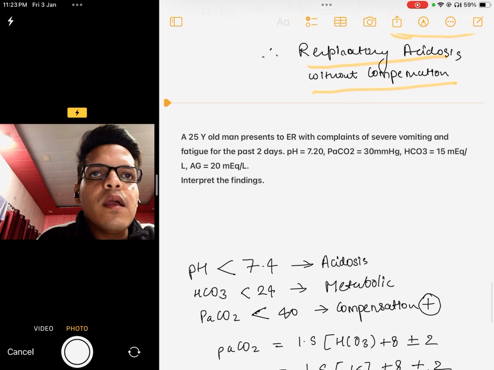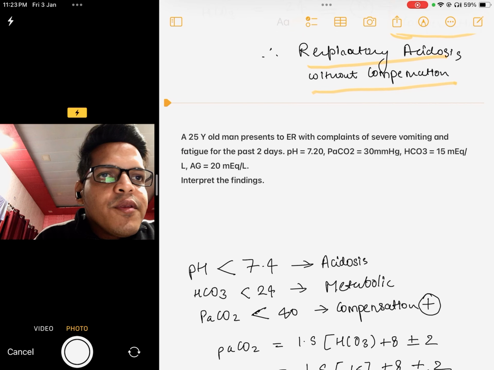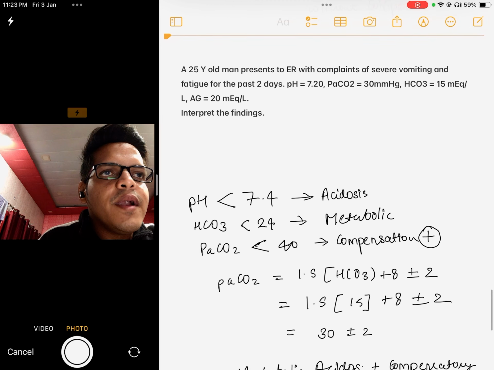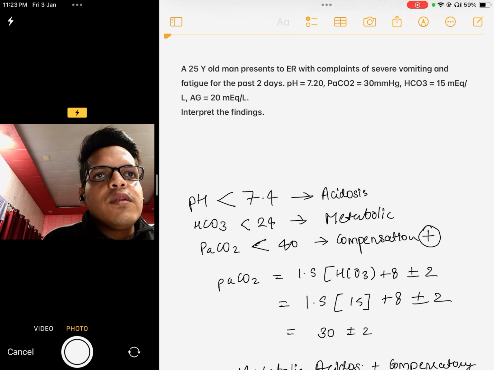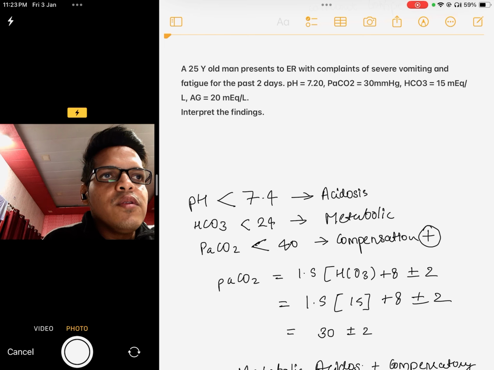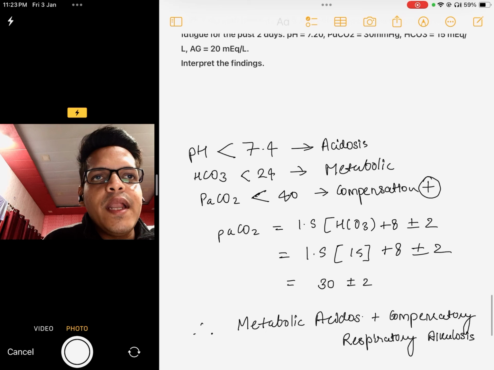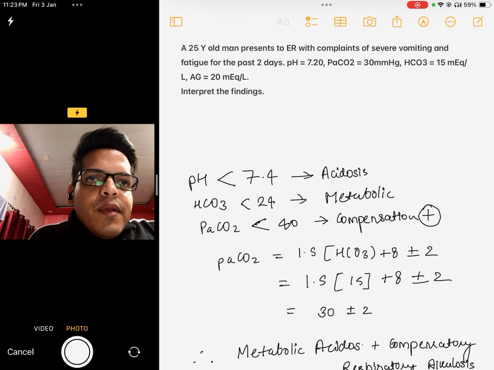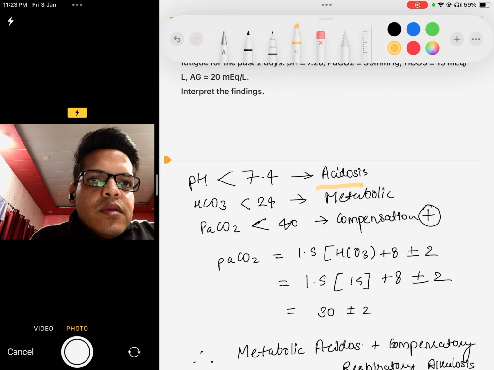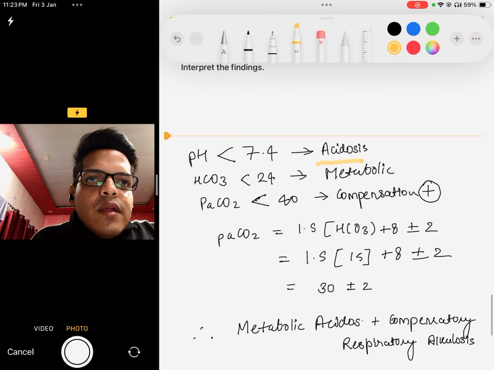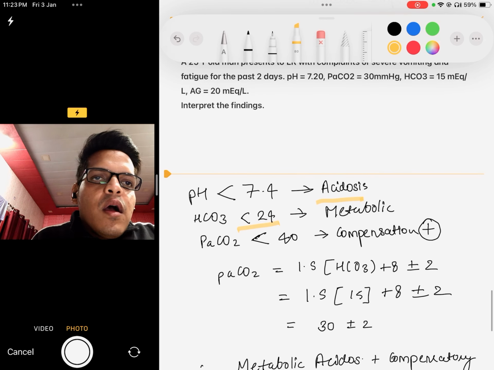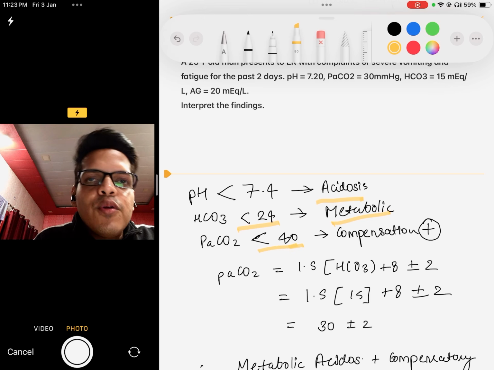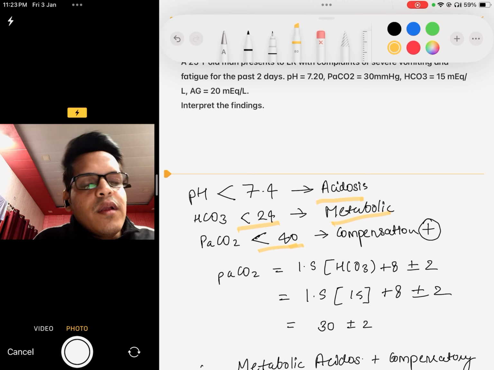Now, a 25-year-old man presents to the ER with complaints of severe vomiting and fatigue for the past 2 days. pH is 7.2, PaCO2 is 30, SCO3 is 15, and the gap is 20. Now, same pattern. pH less than 7.4 is acidosis. SCO3 less than 24 is a metabolic cause, okay, and PaCO2 less than 40 means the body is trying to wash out PaCO2 to cause respiratory alkalosis, so there is certain compensation present.